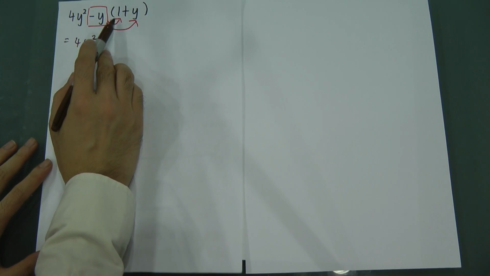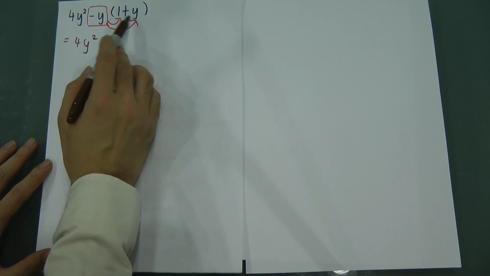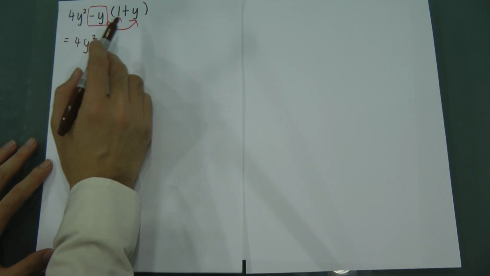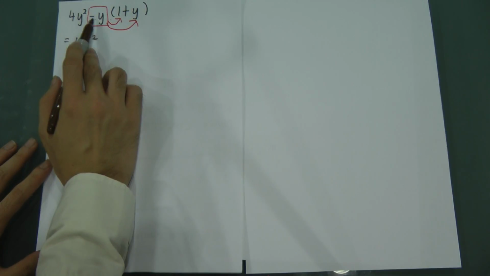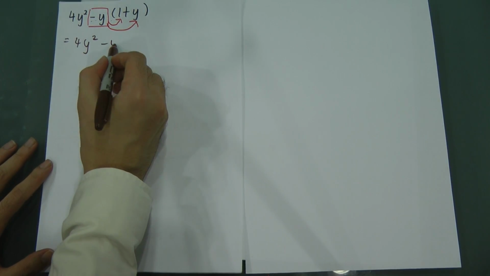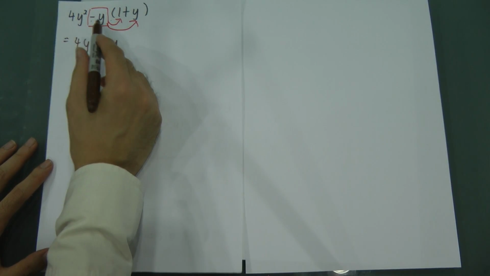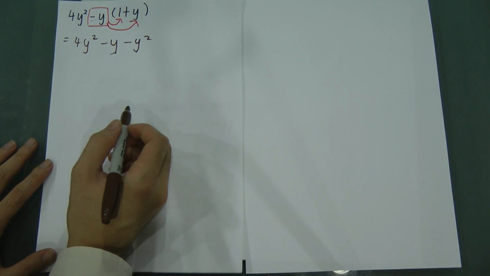If you multiply y into it, you get plus y and then plus y squared. That's wrong. When you multiply, you must multiply together with the sign in front of y. So negative y multiplied by 1, we get negative y. Negative y multiplied by positive y, we get negative y squared.